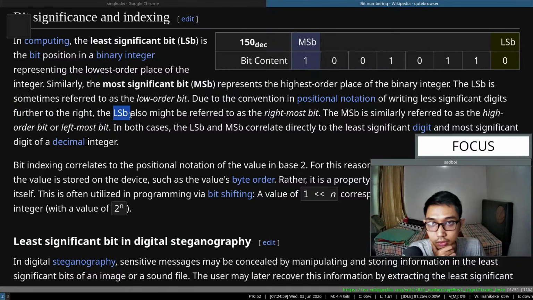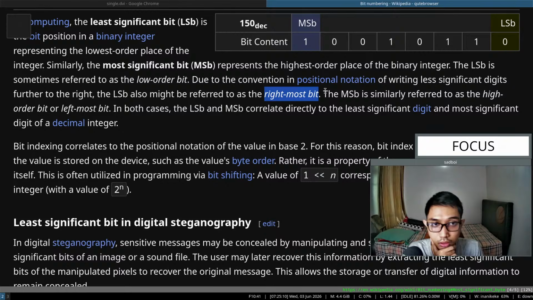The least significant bit also may be referred to as the rightmost bit. Okay. The most significant bit is similarly referred to as the high order bit or leftmost bit.